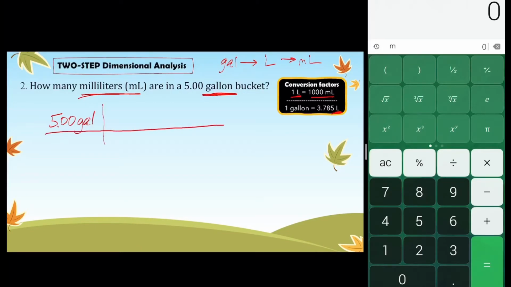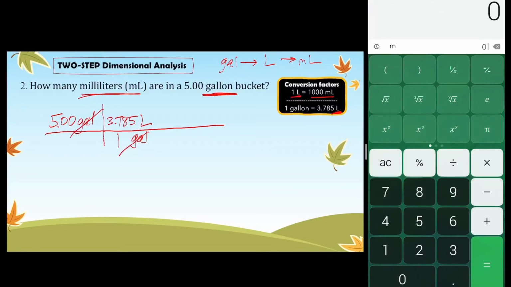And then our next step is to get rid of gallons. So we're going to write gallons in the denominator of our conversion factor and change gallons to liters. So we'll copy the values exactly as they're written. 1 gallon equals 3.785 liters. Notice how the gallons cancel.